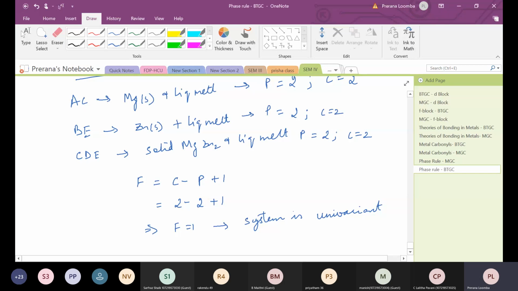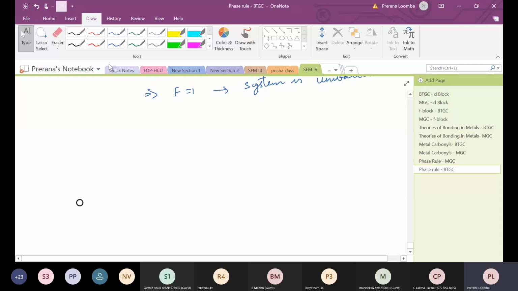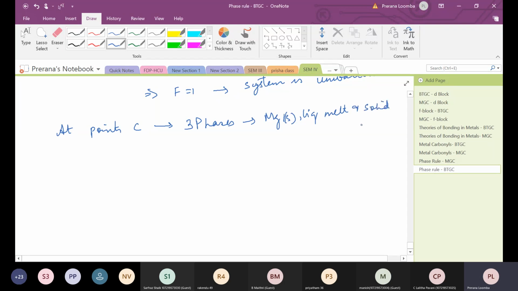Now we will see the points. At point C, how many phases are in equilibrium? Three phases. What are they? They are solid magnesium, liquid melt, and solid MgZn2.